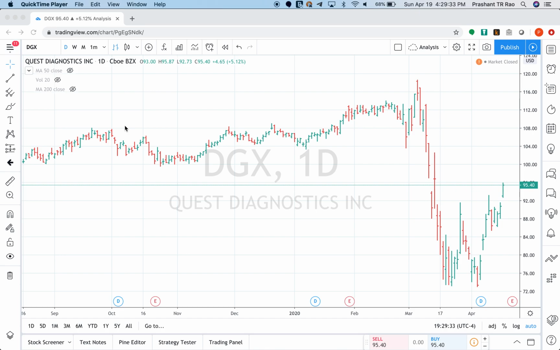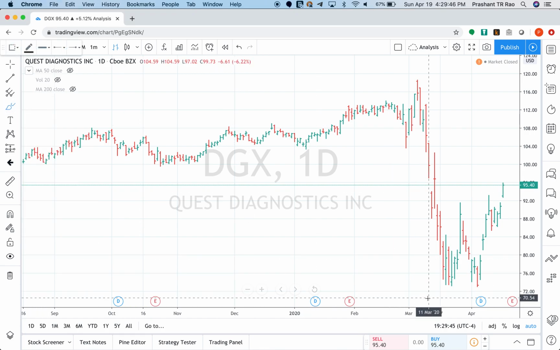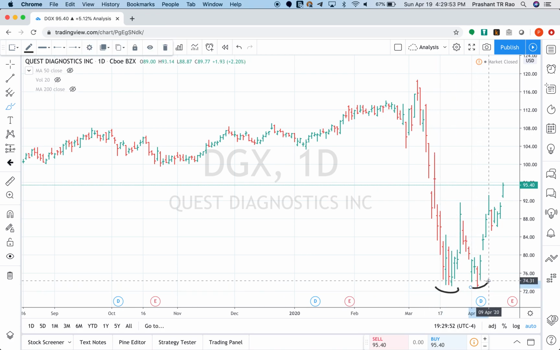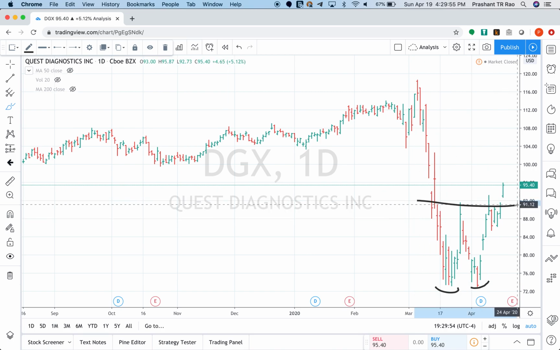So let's get started. In this chart, we're looking at Quest Diagnostics, and this is on a daily level. If you look at recent times, we've recently had a double bottom here, and this here is the neckline.